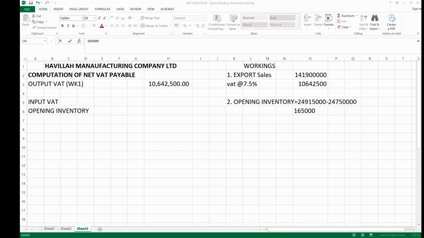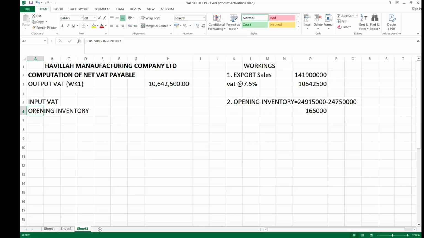And in the question, we are told that the opening inventory is VAT inclusive. The VAT we calculated up here is calculated on a VAT exclusive basis. So that means we must also make our opening inventory VAT exclusive.